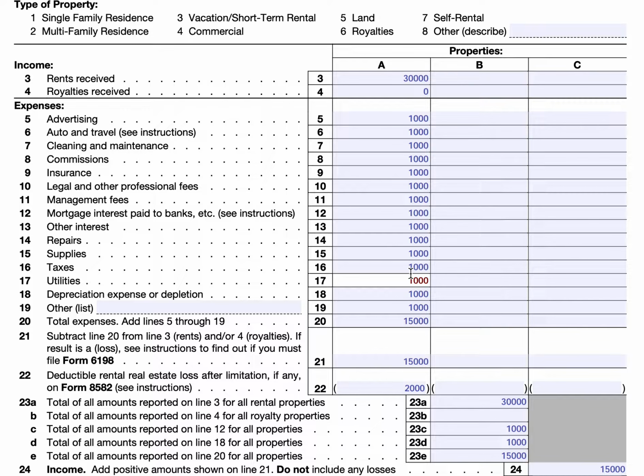In line 18, you'll enter any depreciation expense. You'll also enter that down here in line 23. You might need to use IRS Form 4562. Actually, you will. That calculates and reports depreciation and amortization.